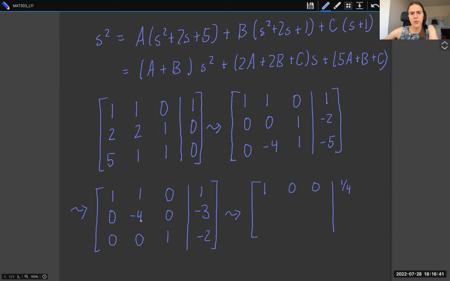Then if I look at this equation, I'm just going to divide by -4 and get 3/4. And then here, I already have it. This is actually a bit easier than how I did it in my notes. -2.